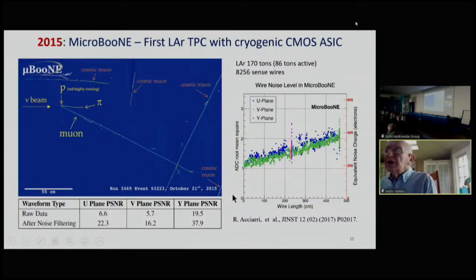The signal-to-noise ratios are shown here, in the range of 20 to 40 with this type of cryogenic readout, which cannot be achieved with warm external electronics outside of the cryostat.